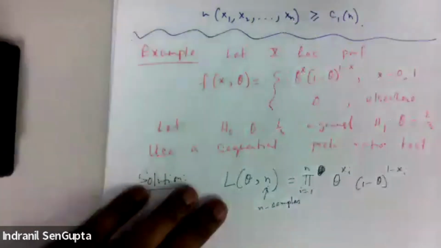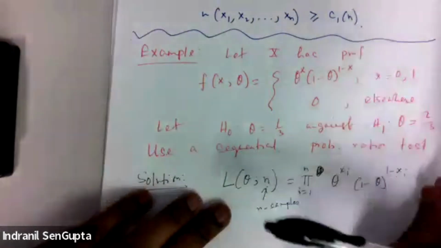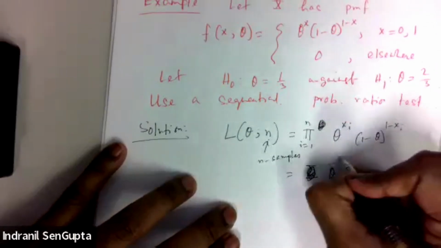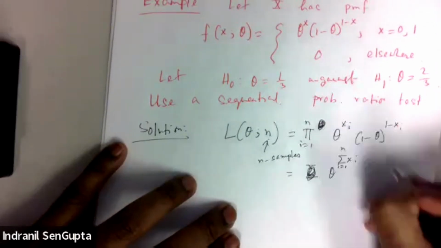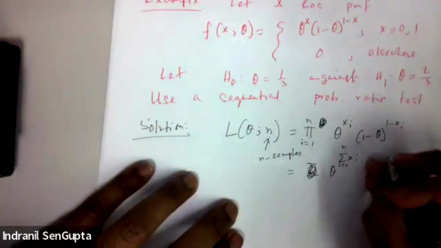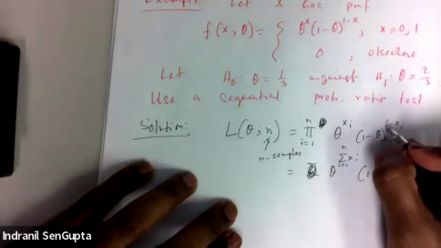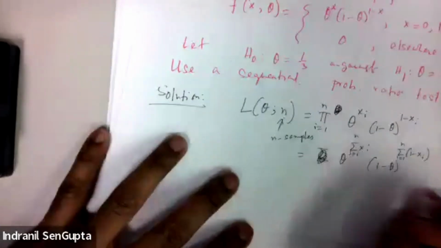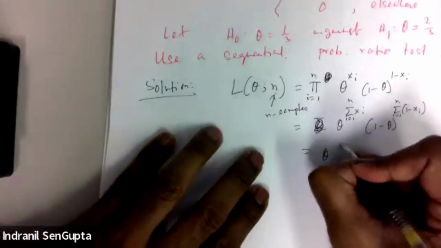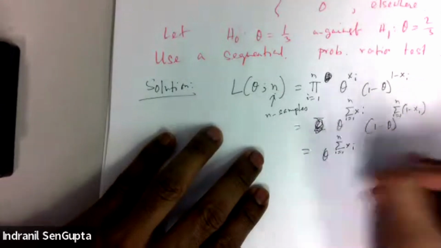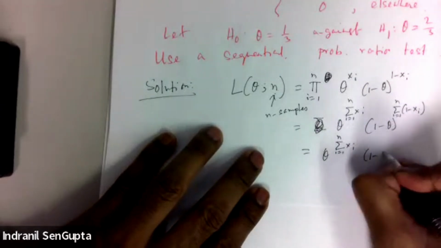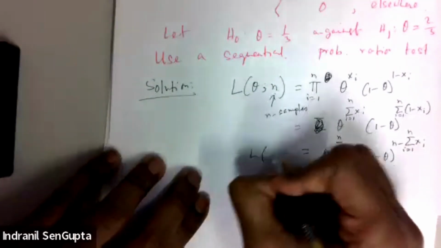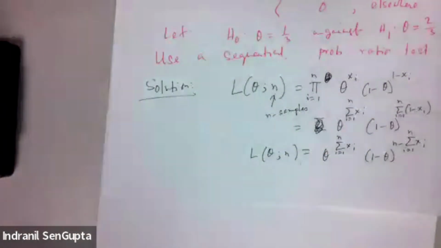Why n? Because there are n samples. Okay. So this is really theta to the summation of xi, and then 1 minus theta to the summation of 1 minus xi. I'll just simplify it one step. So it becomes theta to the summation i from 1 to n xi. And summation 1 is really n, right? So it's n minus summation i from 1 to n xi. So that is the likelihood function in this case.